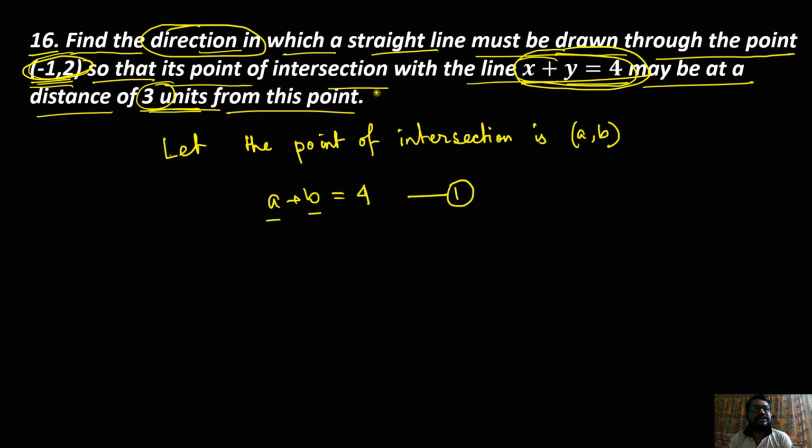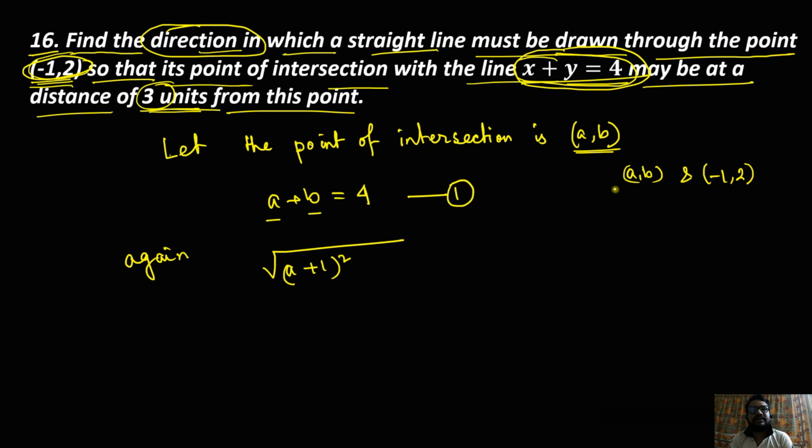By the distance formula, the distance between a, b and -1, 2 is root over a plus 1 whole square plus b minus 2 whole square, equal to 3.